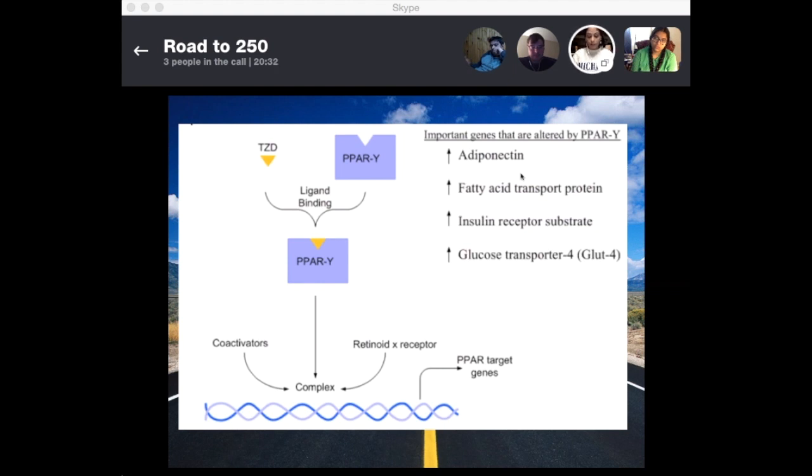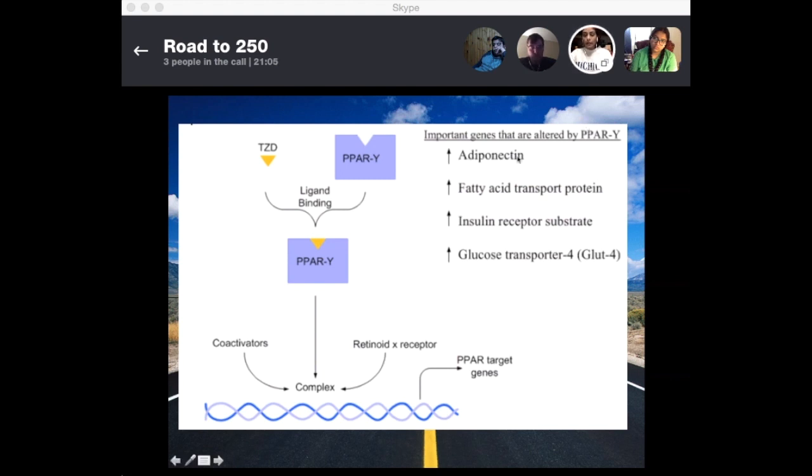The relationship is like a ligand binds, and then gene expression will occur. With this activation, this complex here with the thiazolidinedione, the yellow triangle, and the receptor, will then bind to the transcription regulatory sequence of the gene down here, and then cause glucose and lipid metabolism.